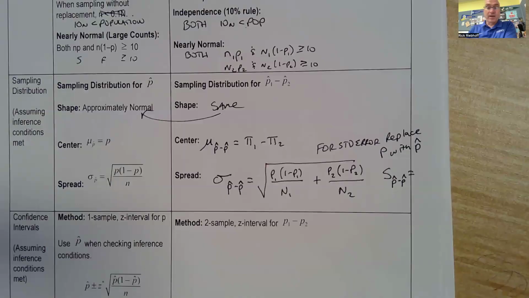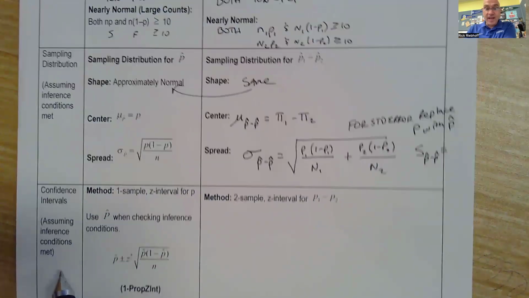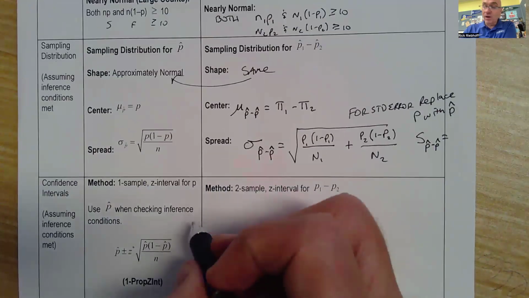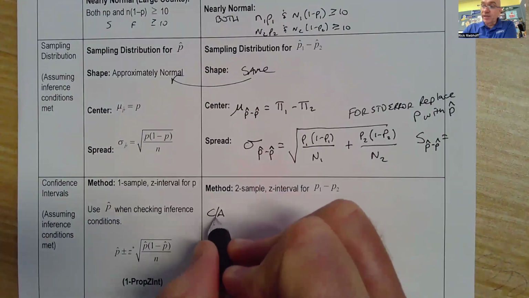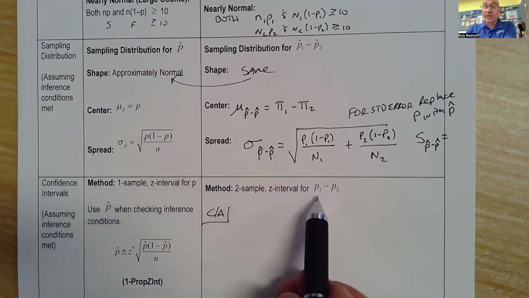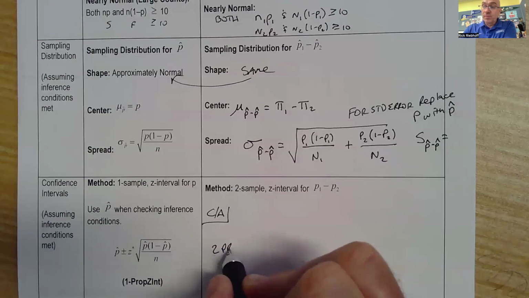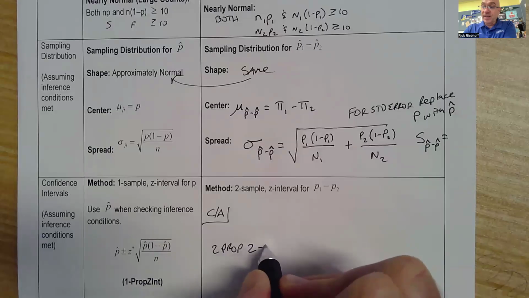To create a confidence interval, we're trucking along here. We check our conditions and assumptions, then we name it and do it. It's a two sample Z interval for a difference of proportions, or we could call it a two prop Z interval.